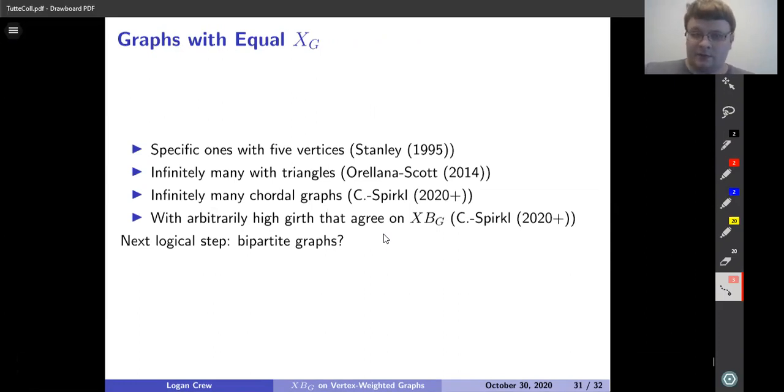Stanley in his original paper first showed that graphs are not distinguished by XG. The smallest counterexample has 5 vertices. And I can even draw that real quick. Those 2 graphs are this one and this one.